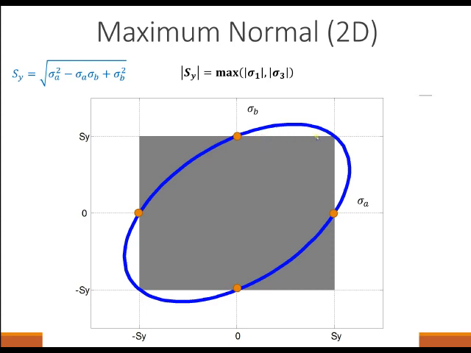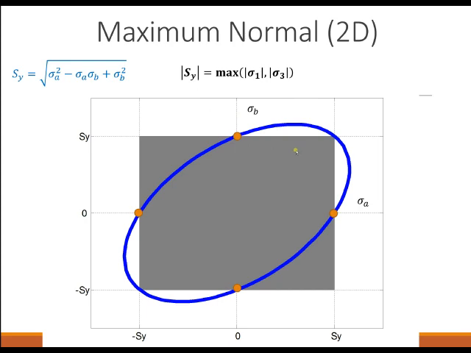So it's the maximum. And if we're in compression, then down here all we would consider is whether sigma 3 is bigger than the maximum compressive yield strength or ultimate strength.